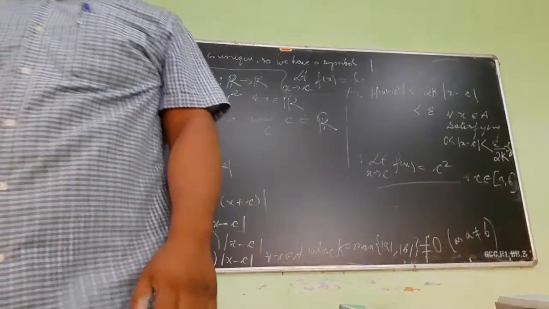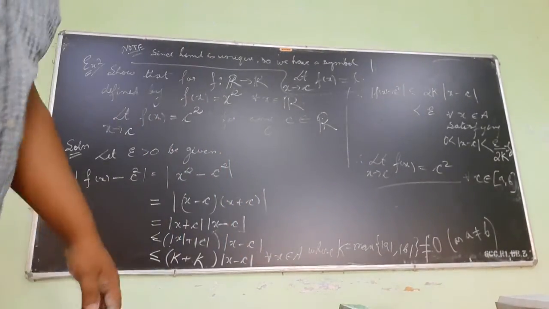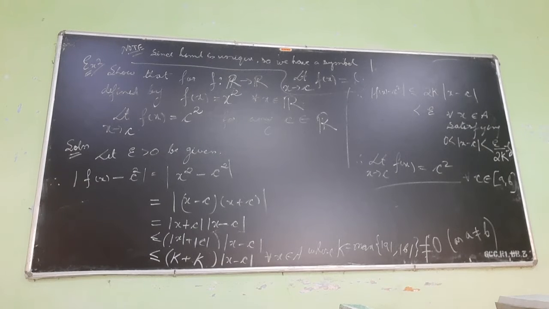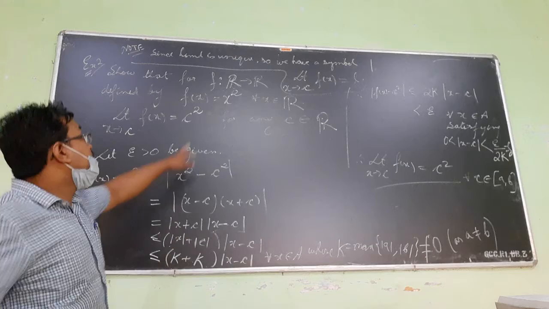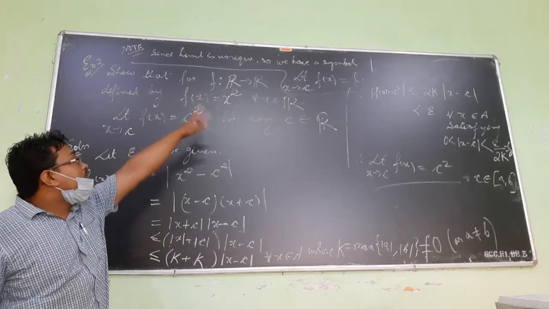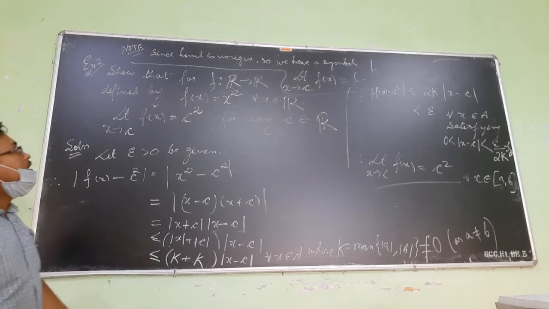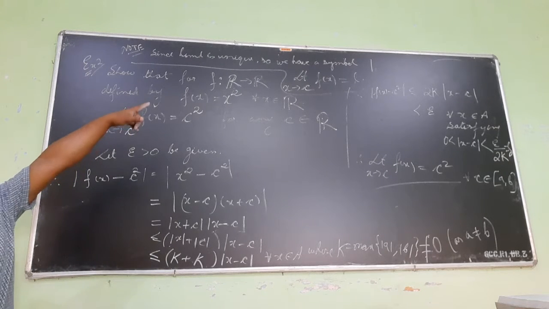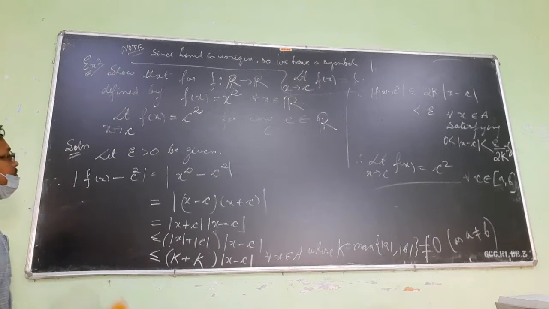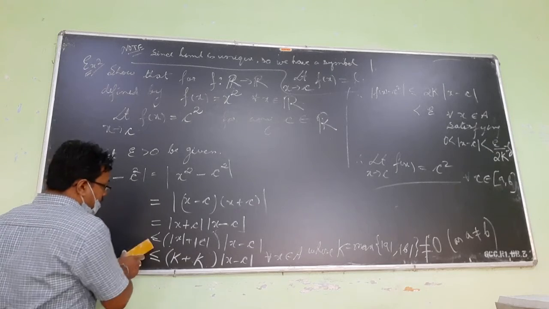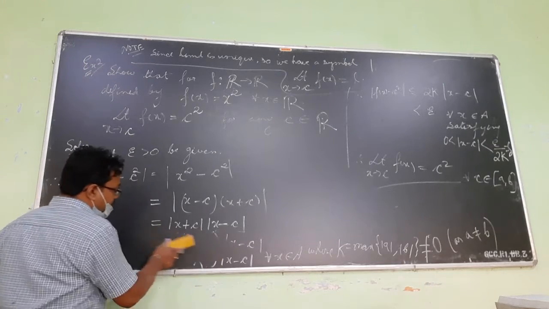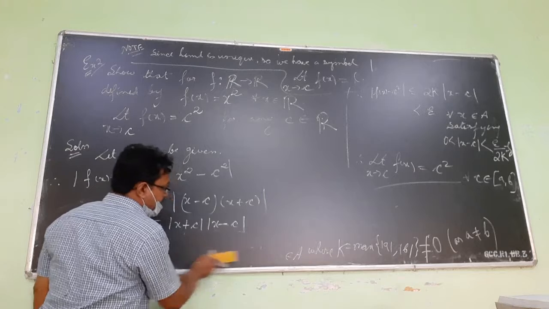The functional value is the same, but in every problem your domain can change. Now the domain is unbounded. R is unbounded, so in that case directly I cannot write anything here.